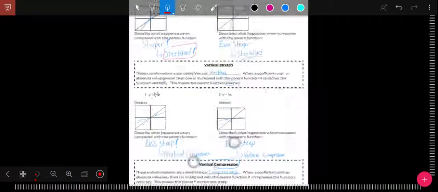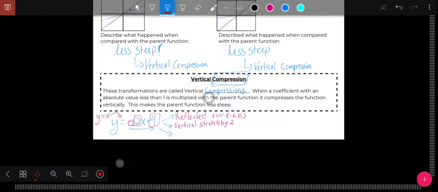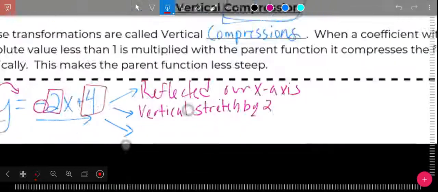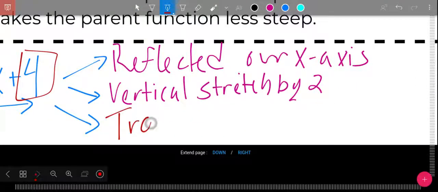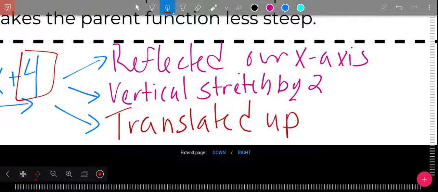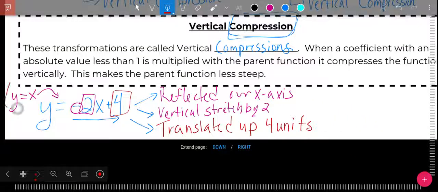Or as I like to say, it's been translated up 4 units. So this is talking about how this is different than the parent function. The parent function's here. This new function was reflected, then vertically stretched, and then translated up. Those are all the things that are different about it.